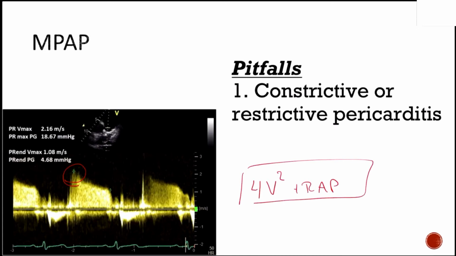Now, why would constrictive and restrictive pericarditis cause us to not have reliable measurements here? So where are the great vessels in the pericardium, or are they outside of the pericardium? They're outside of the pericardium, right? So in a patient who doesn't have pericarditis or a restrictive or constrictive component of that, we can say that the thoracic pressures are the same whether you're a great vessel just outside the pericardium or a chamber just within the pericardium.